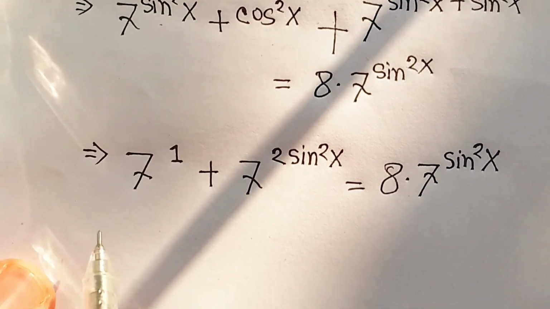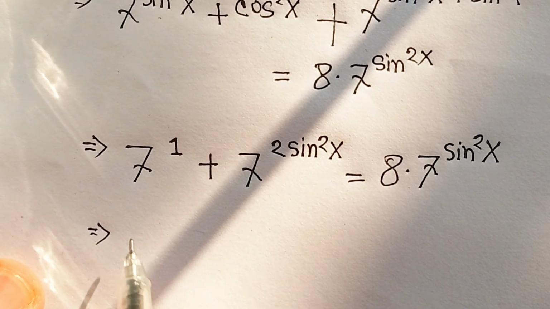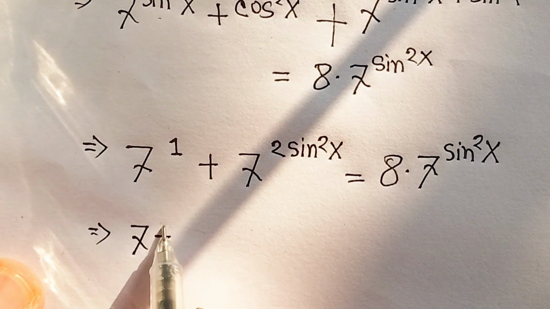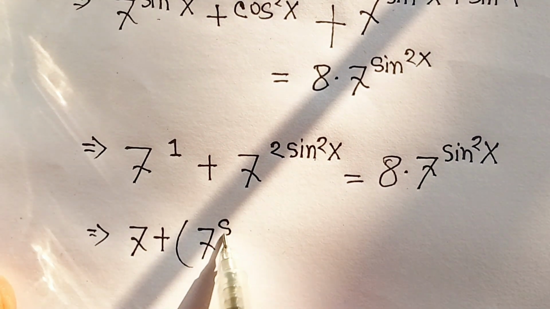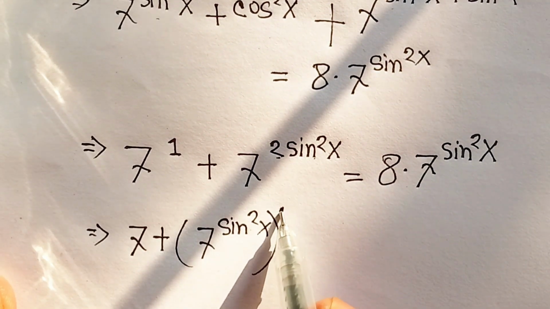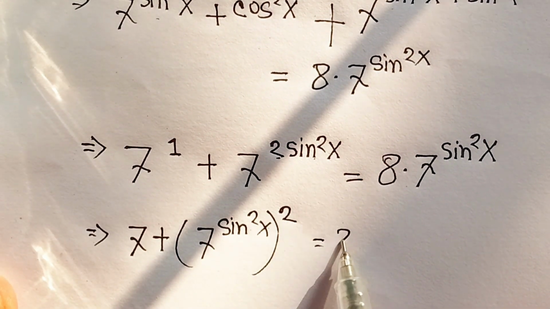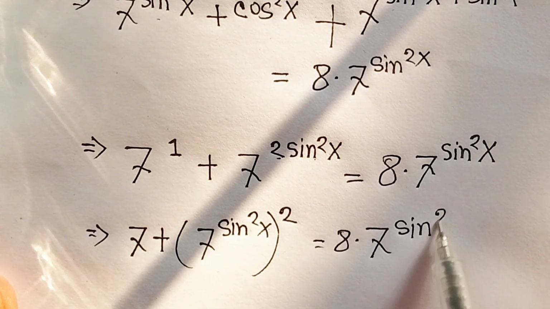Now we have to merge this, and this equation will be like 7^1 plus (7^(sin²x))² is equal to 8 times 7^(sin²x).